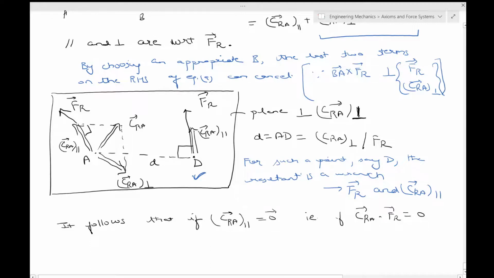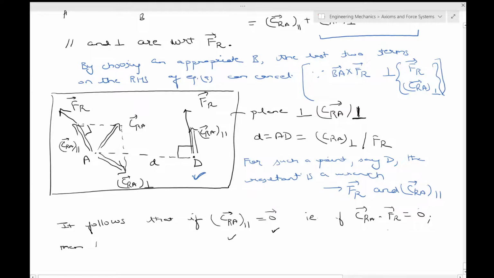CRA parallel is basically the projection of CRA along FR. The whole logic behind putting this vector sign over 0 is that if the left hand side is a vector, the right hand side should also be a vector.